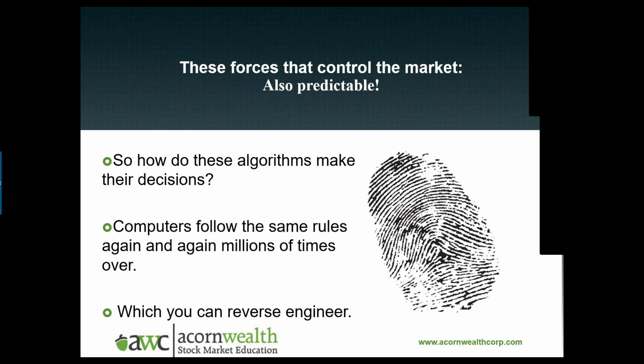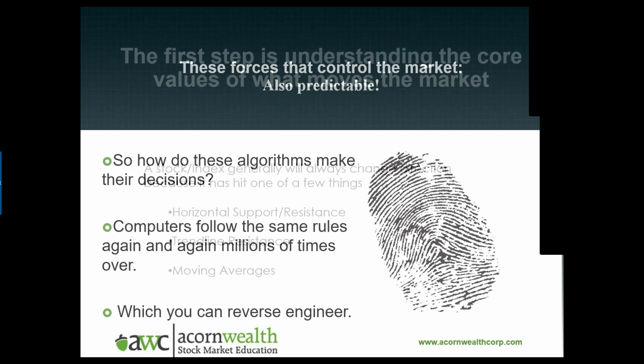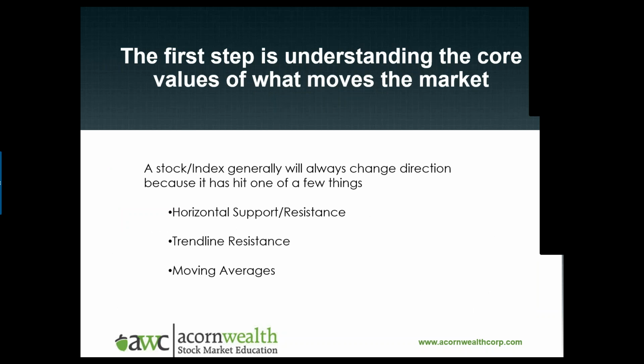But as scary as that might be, and even whether we agree with it or not, these are actually reverse engineerable. Anything that does the same thing hundreds and thousands of times over and over again can be reverse engineered, because they're following the same rules. And the first step is to understand the core ways they make the algorithms work.